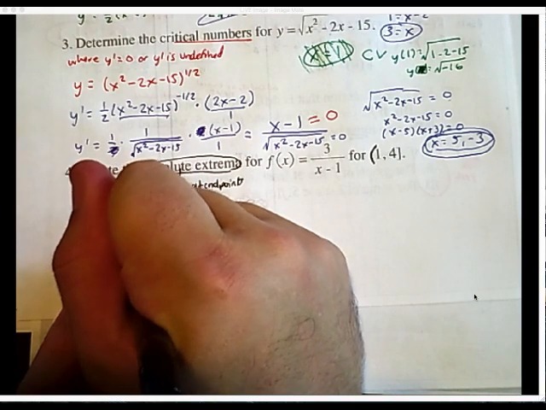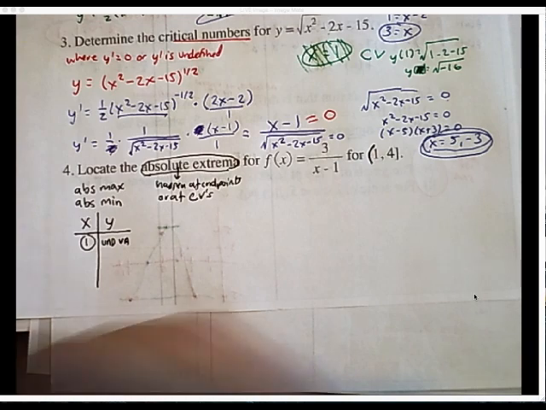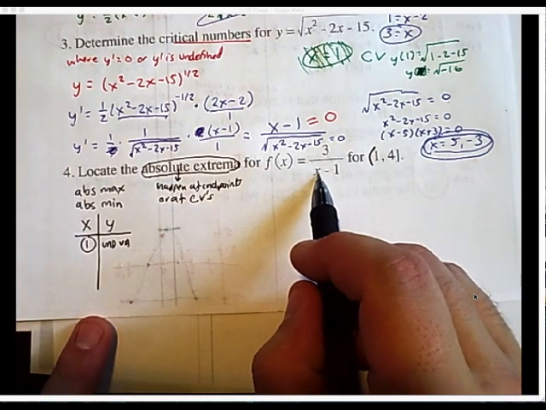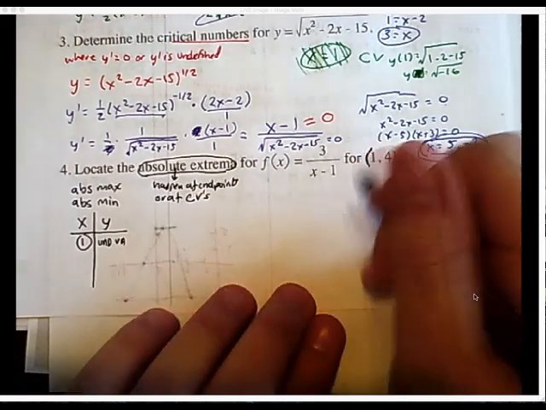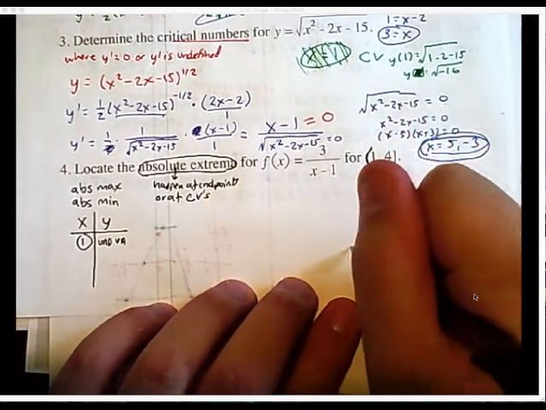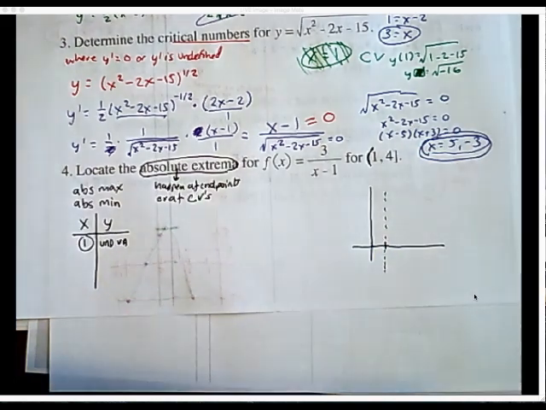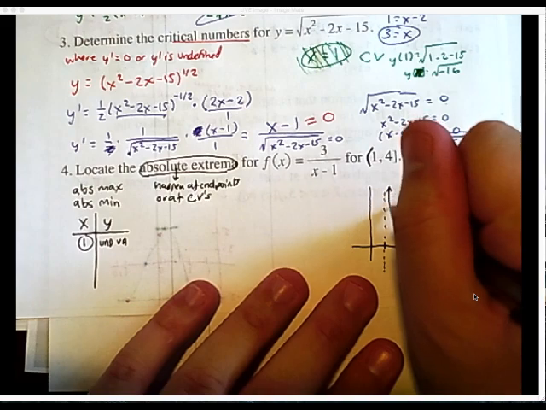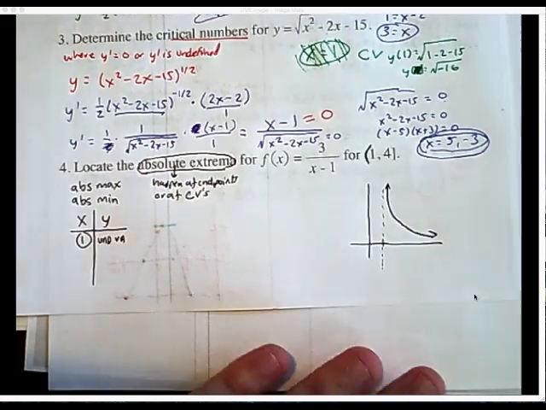There's a vertical asymptote there. If you get really close to 1, like 1.01, the graph at 1 has a vertical asymptote, so the graph actually does one of those.